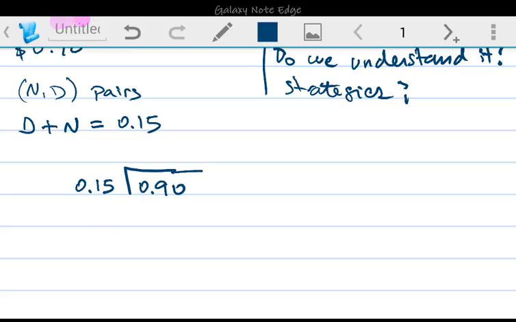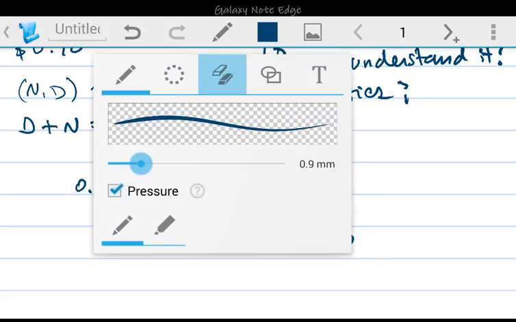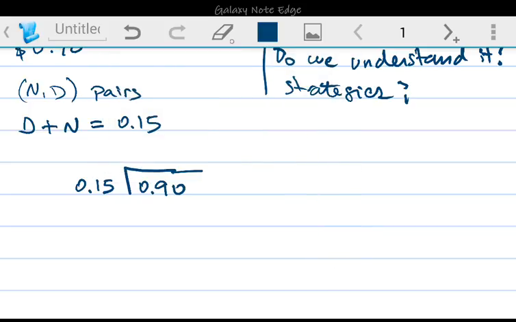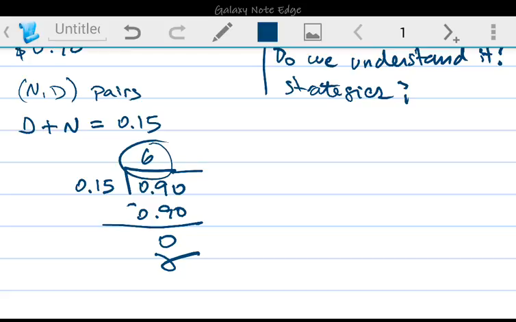One quick way to think about that is that 15 times 2 is 30, and 30 times 3 is 90. You can think about it in many different ways. But 15 goes into 90 6 times. So the answer is 6.